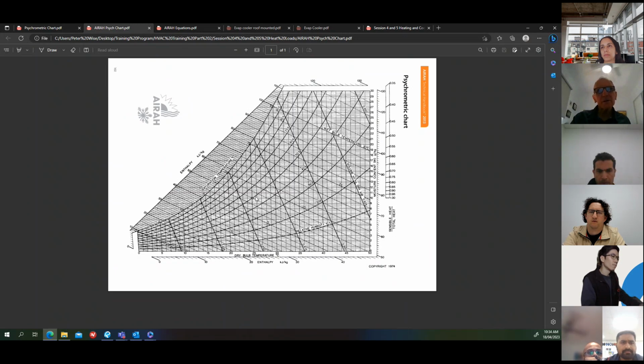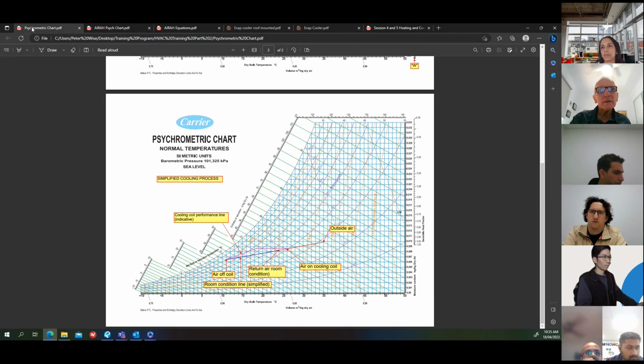Once you've determined the sensible heat factor, you can draw a line parallel to this sensible heat factor over here through the pivot point, and you'll get a line that goes down and cuts the saturation curve. This is the manual method. Look, it gets very complex, but you'll finish up with that room condition line that I showed here, that blue line, which is actually parallel to that first line you draw.